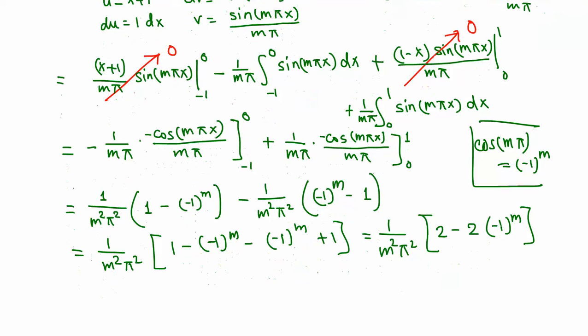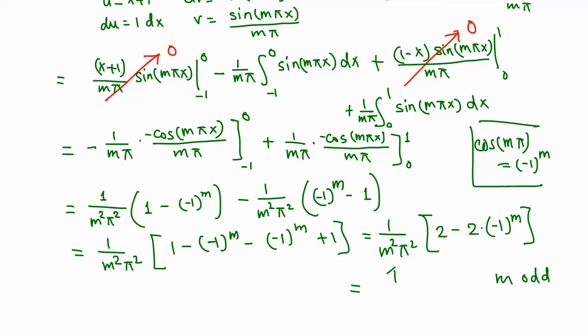Now negative 1 to the m is negative 1, plus 1, negative 1, plus 1. So when this is plus 1, 2 times positive 1 is 2, 2 minus 2 is 0. That happens when m is even. When m is odd, this becomes negative 1, and 2 minus negative 2 is 4.